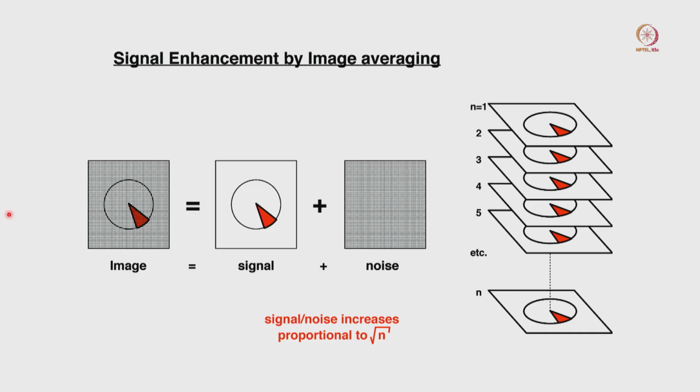Here there is one particular image. This slide I did not make, I collected it. It is a very nice slide to explain signal enhancement by image averaging, where you can see most of the images are noisy, and this is basically our signal. If you just look at this image, what do you have?